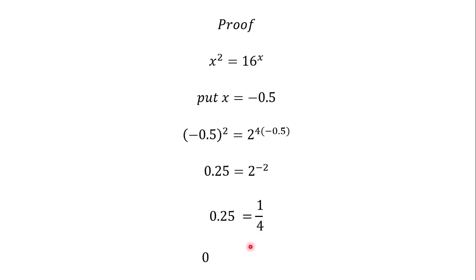Okay, so 0.25 is equal to 0.25. So you see, at the end of the day, after putting in x equals minus 0.5, we had both left and right hand side the same, which means the value of x from this equation is minus 0.5.